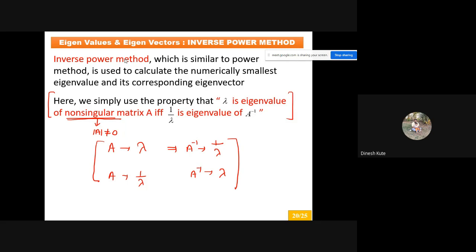Can anyone tell me what is my approach? How do we actually find that smallest eigenvalue using the power method itself, or using the concept of the largest eigenvalue itself?